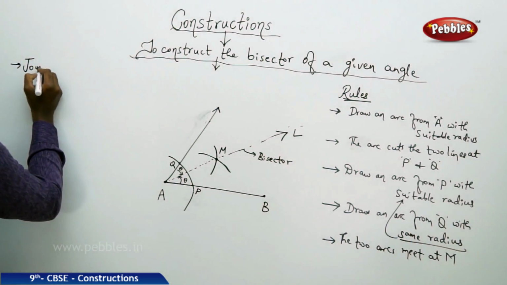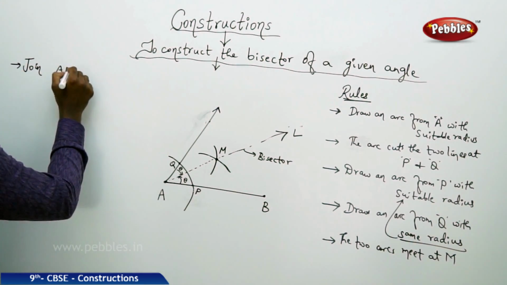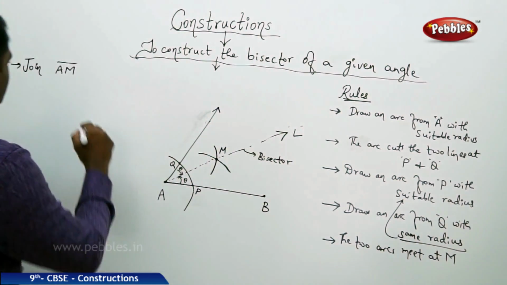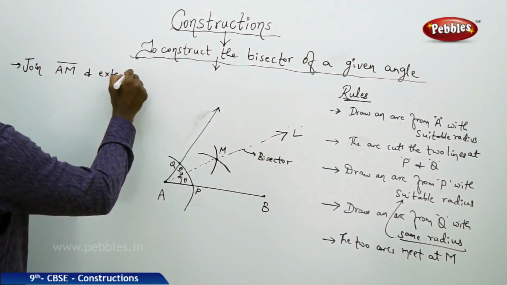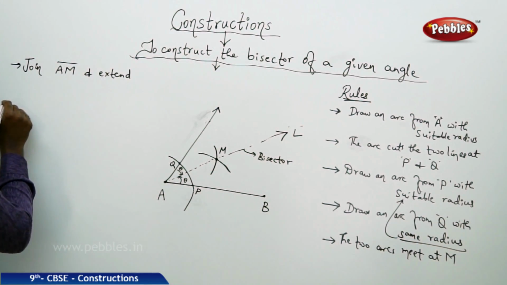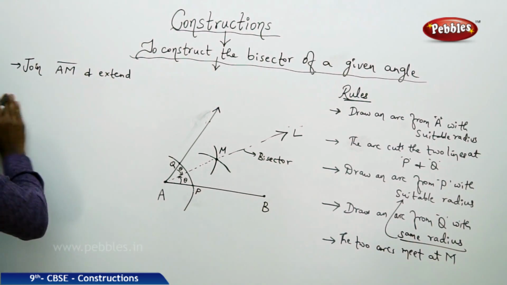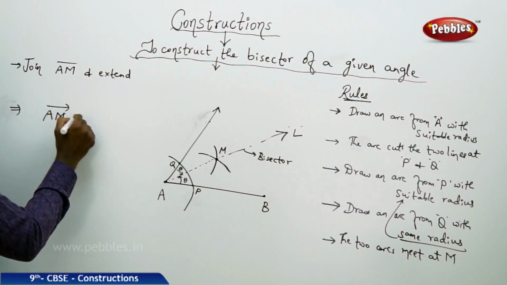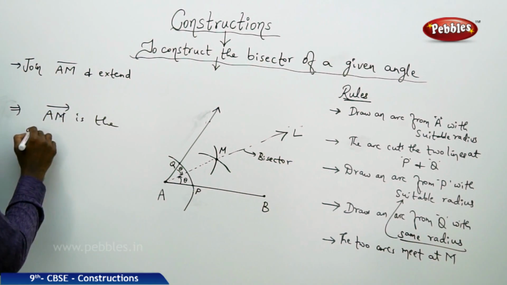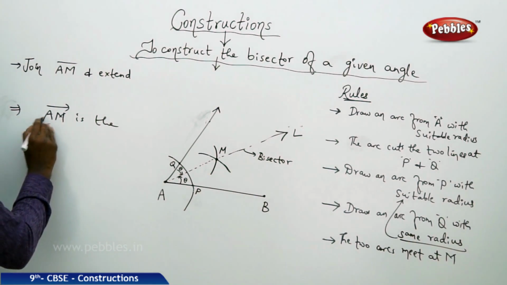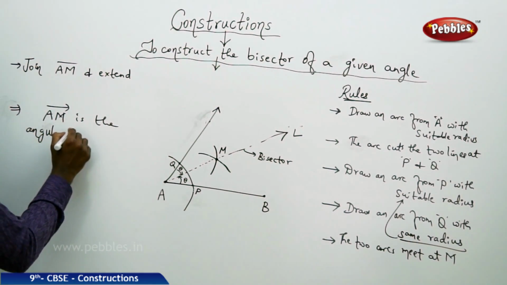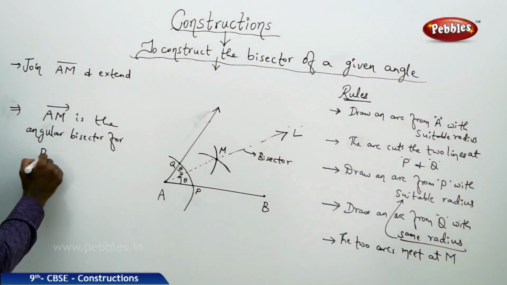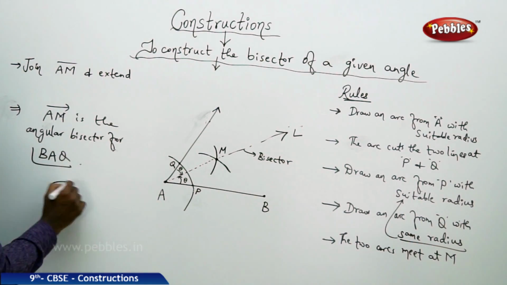And then the next step is to join AM, so I join AM and extend. After you get this, that implies AM is the angular bisector for angle BAQ.